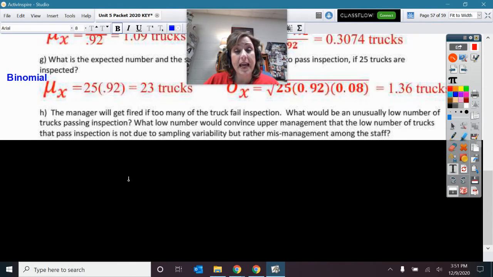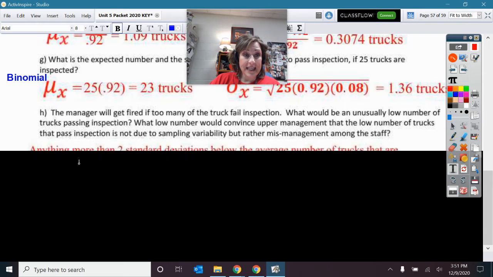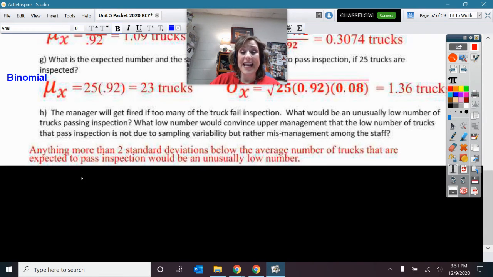There's something like some kind of mismanagement happening among the staff. So I need an outlier low amount of trucks passing inspection. So that's 2 standard deviations below what I expect, or the average that should be happening.